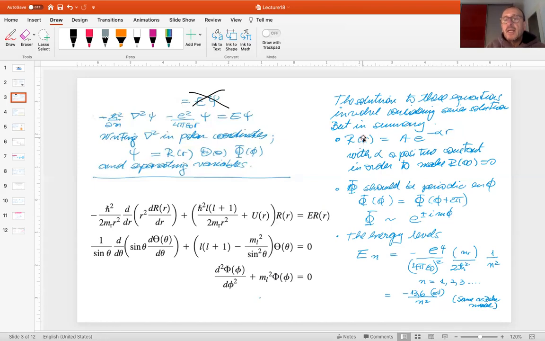This gives a dependence of the radial probability. Essentially this decays exponentially with R, and this decay constant alpha here should be proportional to 1 over a characteristic length of the hydrogen atom.